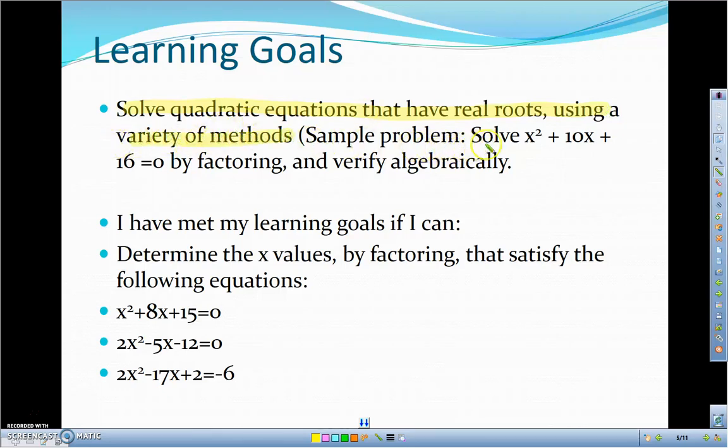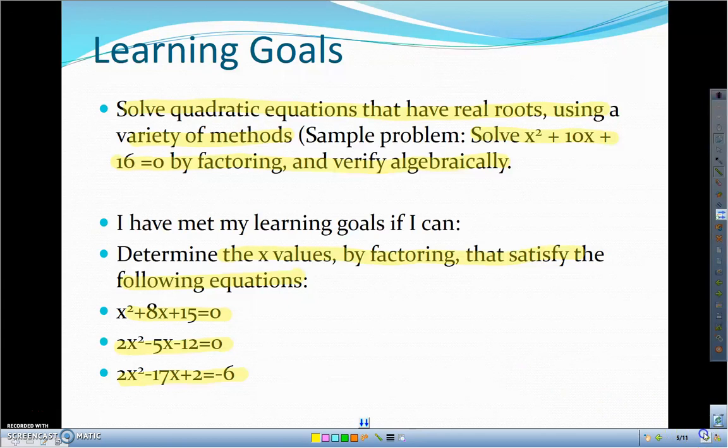This coming straight from the curriculum documents. A sample problem is solve x squared plus 10x plus 16 is equal to 0 by factoring and verify algebraically.